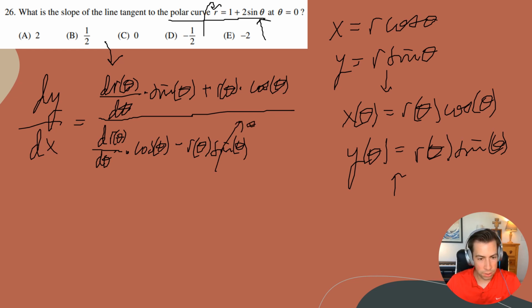And this whole thing is going to go to 0 as well. So I'm just going to simplify this down.